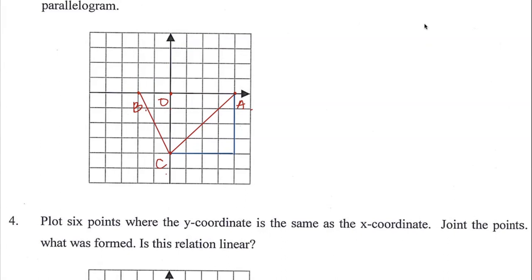So you measure the length of this line segment and push this line segment slowly to point B. And with the same length, you will find the other side of the parallelogram. Because for a parallelogram, these two sides should be parallel and they should have the same length.